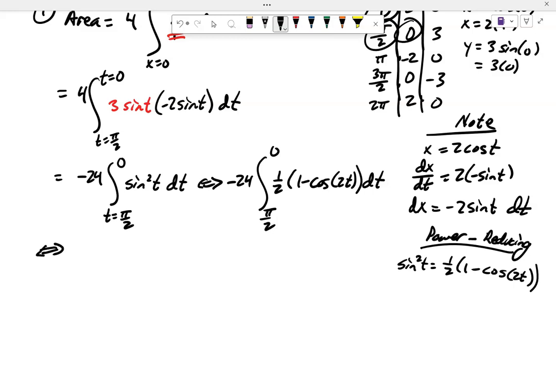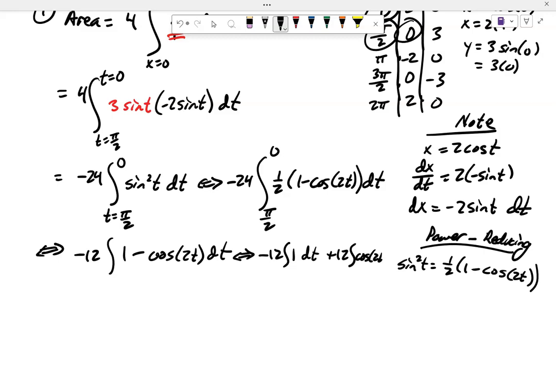And so we've got negative 12, 1 minus cosine of 2t dt. So that would be negative 12 integral 1 minus 12 times negative cosine. So that's a plus 12 cosine of 2t dt.